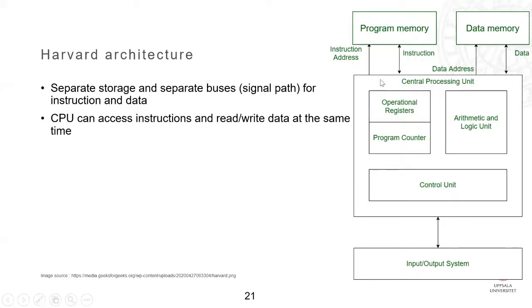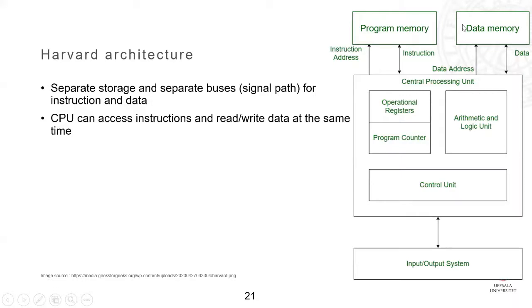Besides the CPU, we have the memory of the computer. What is important about the Harvard architecture is that it has two separate memories: one for the program, meaning the instructions that need to be executed, and one for data.